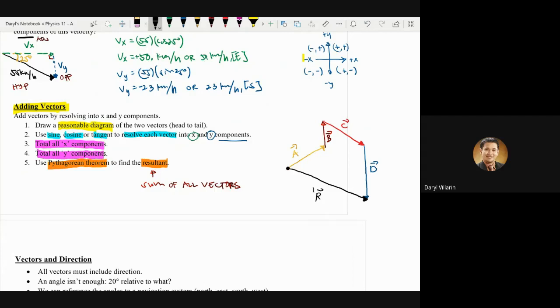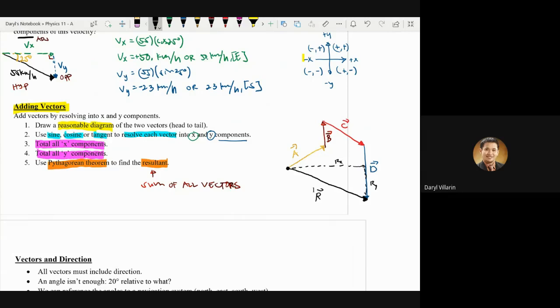And if you can see here, this is just the sum of all the x and the y components of all of the vectors here. So this is your Rx, and this is your Ry.